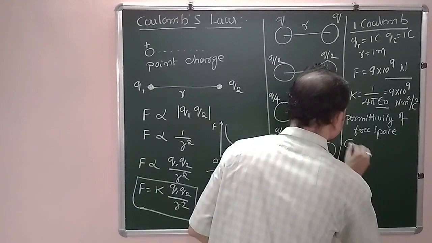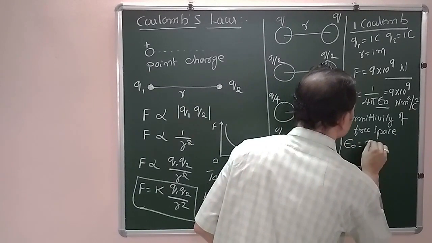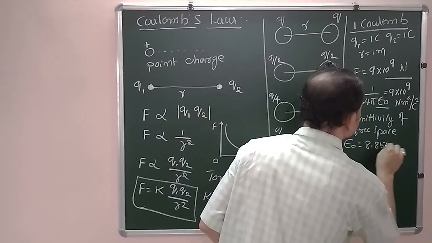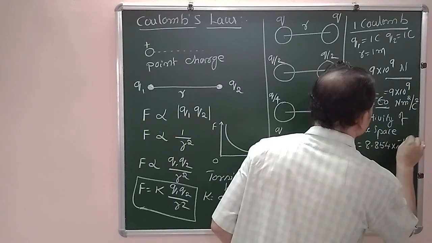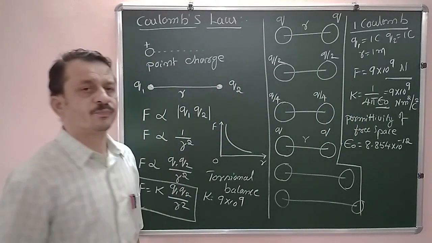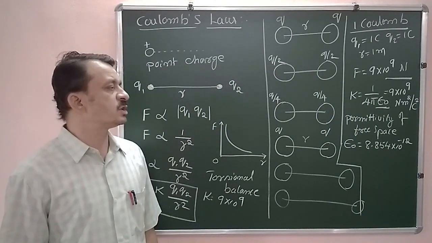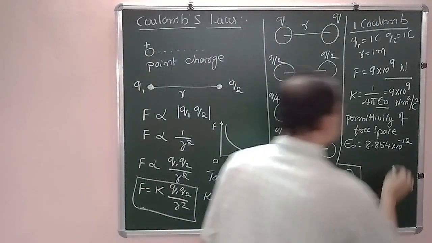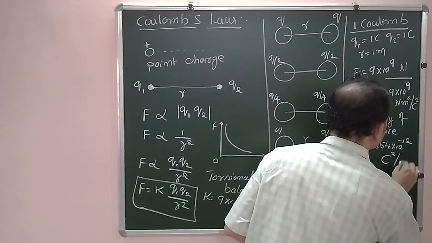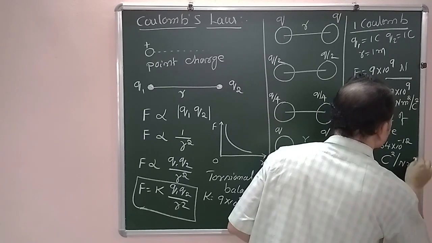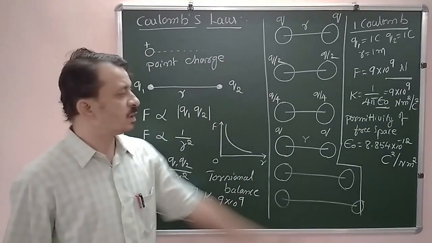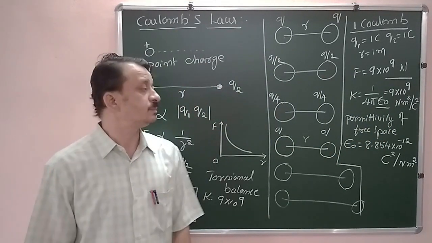And the value of permittivity epsilon naught is found to be 8.854 into 10 to the power of minus 12, and the unit becomes coulomb square per Newton meter square. That is the unit of permittivity.